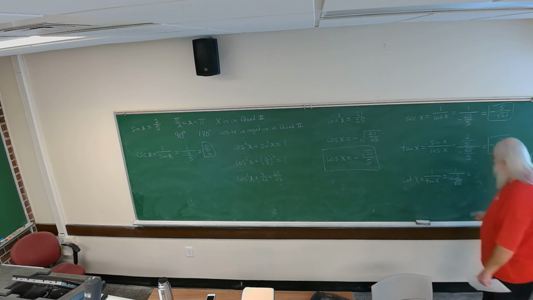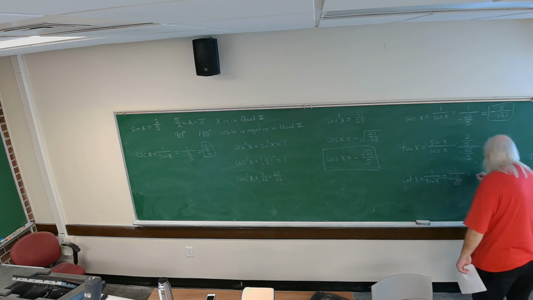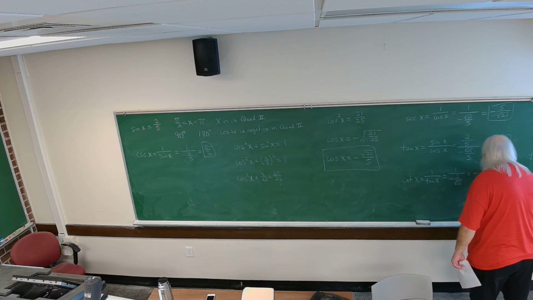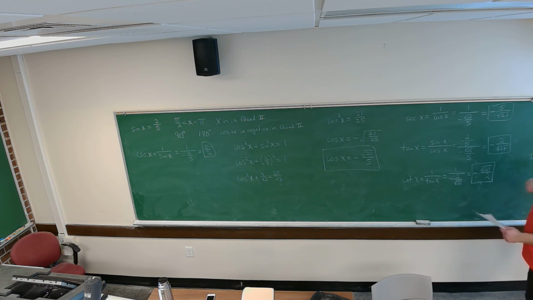And so when we take the reciprocal of minus 2 over square root of 21, we get minus square root of 21 over 2. And now we found the value for all 6 trigonometric functions.